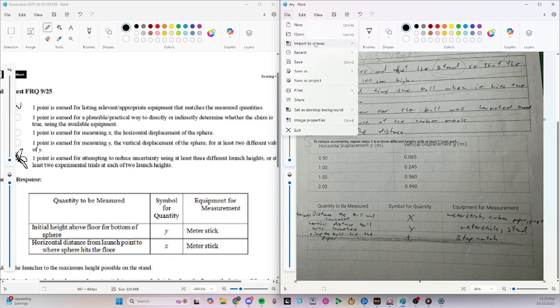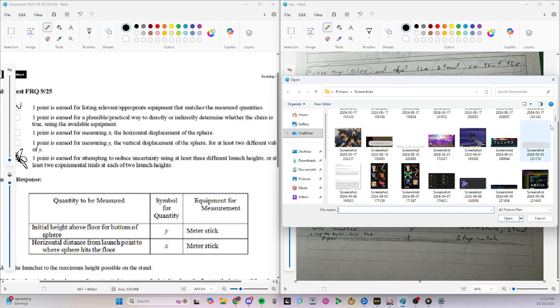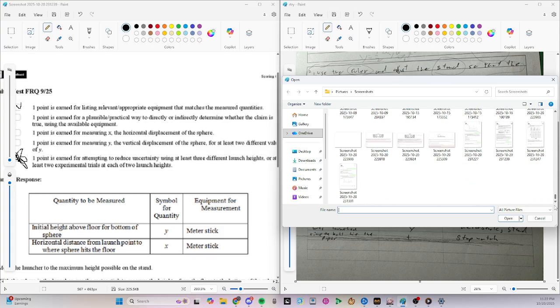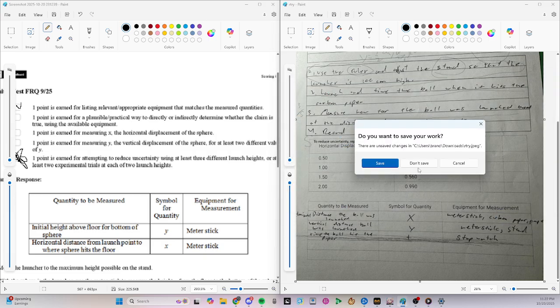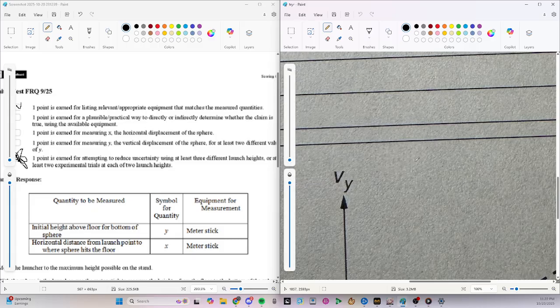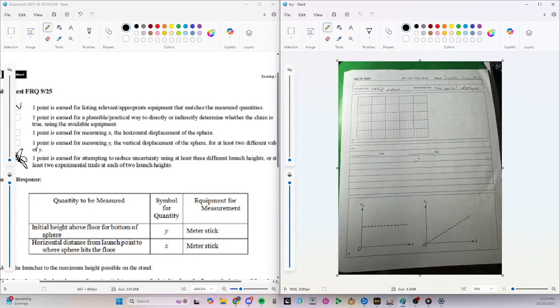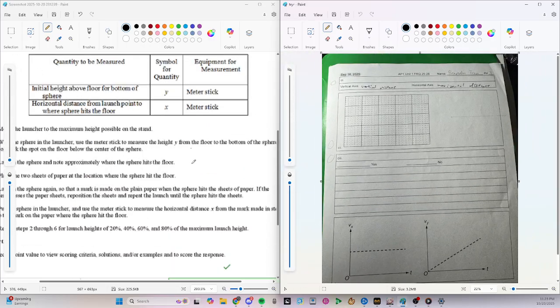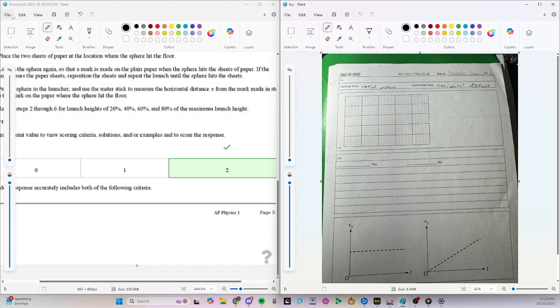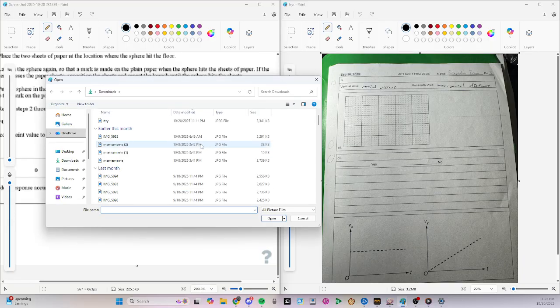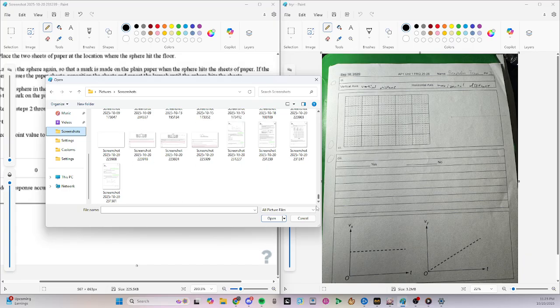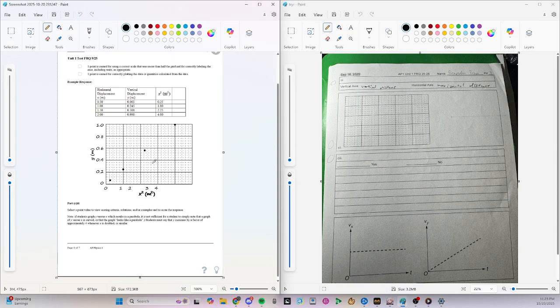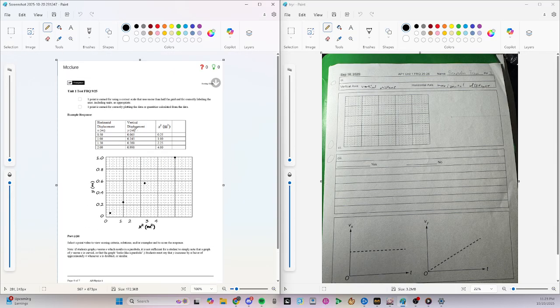Then the next part, did I miss a part? Yes, I did miss a part.